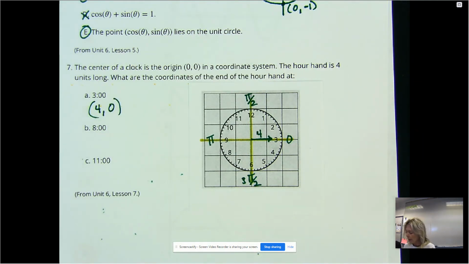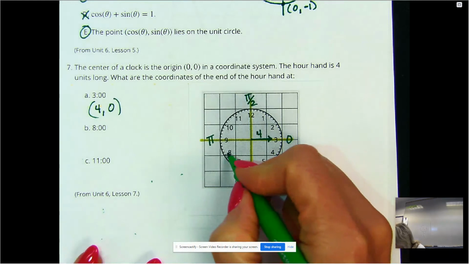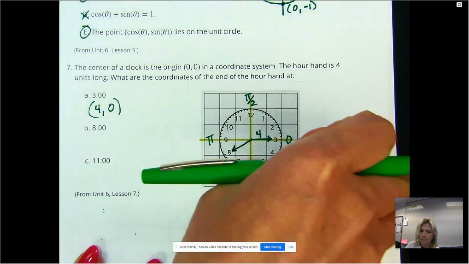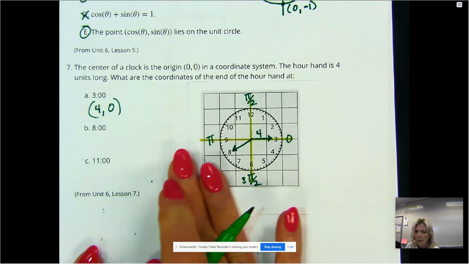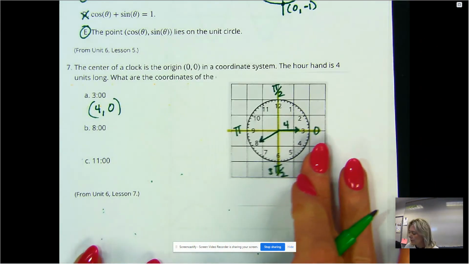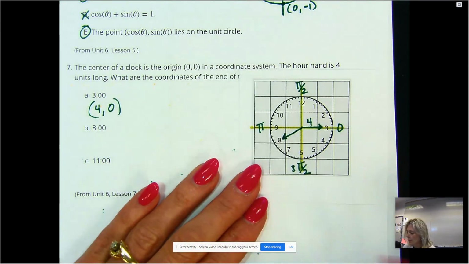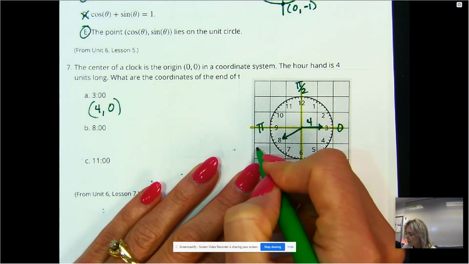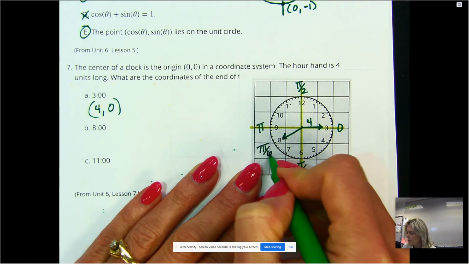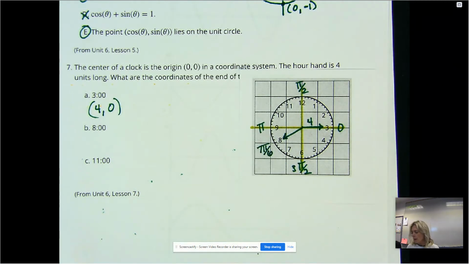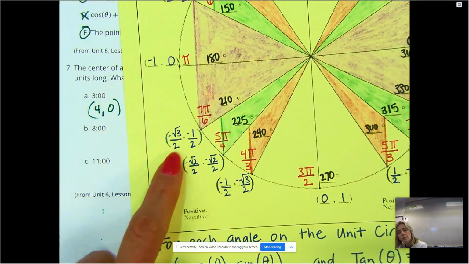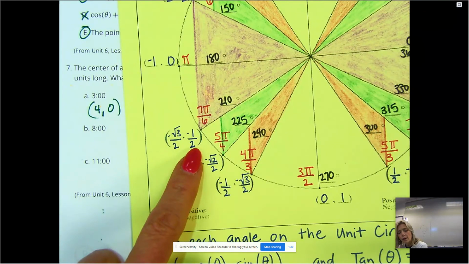All right, at 8 o'clock, so 8 o'clock right here. We worked on this same kind of idea yesterday where we figured out that the angle right here was 7 pi over 6. And so 7 pi over 6 has a cosine of negative root 3 over 2 and a sine of negative 1/2.